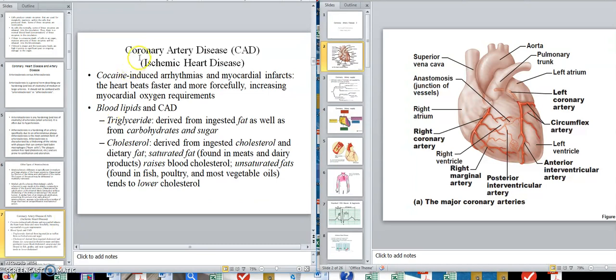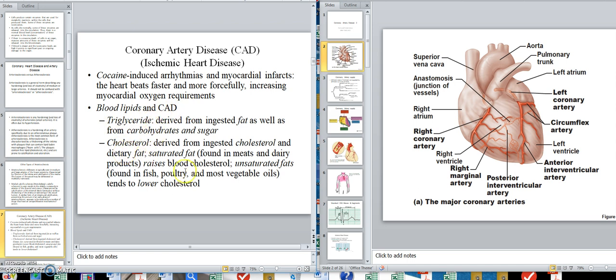Okay. So coronary artery disease is also called ischemic heart disease. That's the other name, IHD. Ischemia is decreased blood supply to an area. Now, there are many things that can do it. Cocaine can cause ischemia. We already talked about blood lipid levels, or if you haven't studied that, that'll be in some PowerPoints under my blood vessel section.